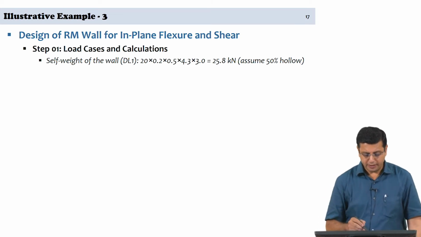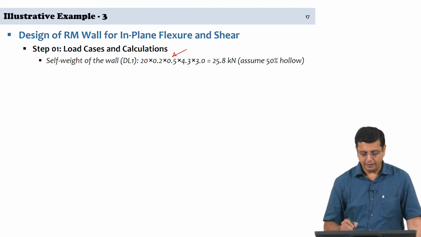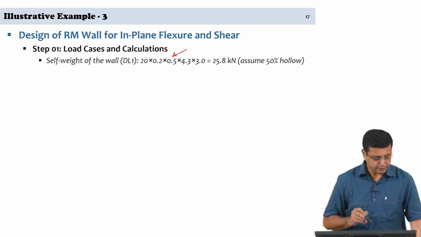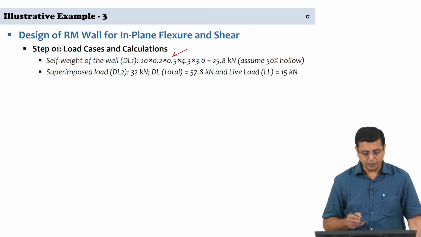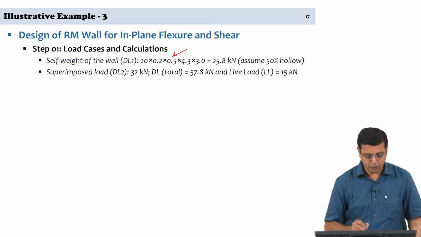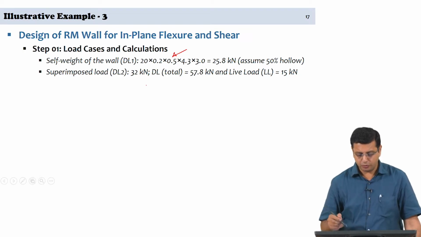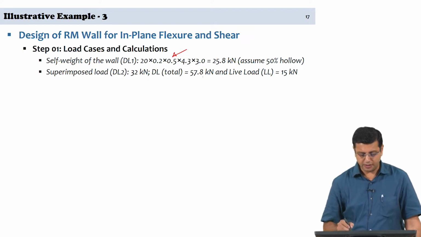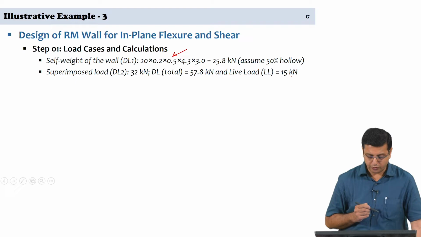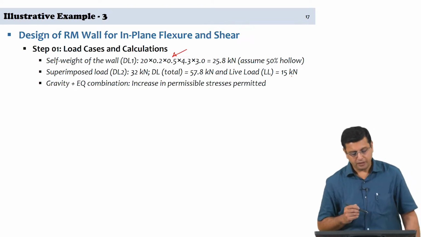So, 20 kilonewton per meter cube into the width of the wall 0.2 meters, 50% considered to be hollow, and the total length and height of the wall, 4.3 and 3 meters respectively. We also have a superimposed load acting on the wall, 32 kilonewtons. Therefore, the total dead load is 32 plus 25.8 kilonewtons, which is 57.8 kilonewtons here, and there is a live load or an imposed load of 15 kilonewtons acting on the wall.